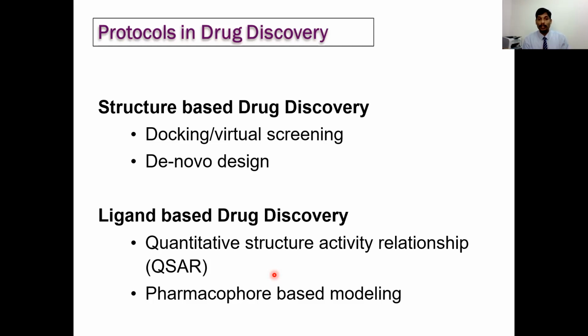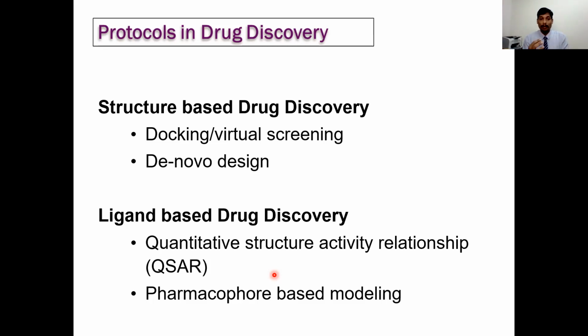Ligand-based drug discovery is where you know a possible drug which was working previously, okay, but crudely they used it, and you need to find a more efficient drug than that. But you don't know what the target is, where it is going to bind.